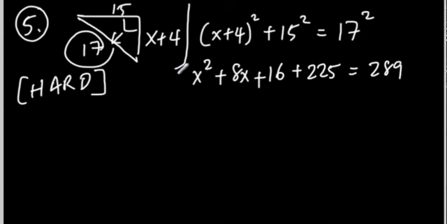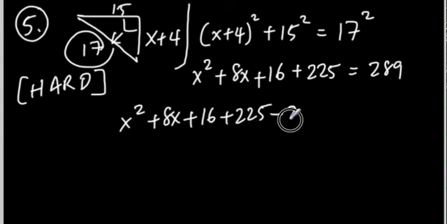Okay? So this kind of looks like a quadratic equation, but let's get everything over to one side so we have one side equal to 0. So in other words, we have x squared plus 8x plus 16 plus 225 minus 289 is equal to 0.